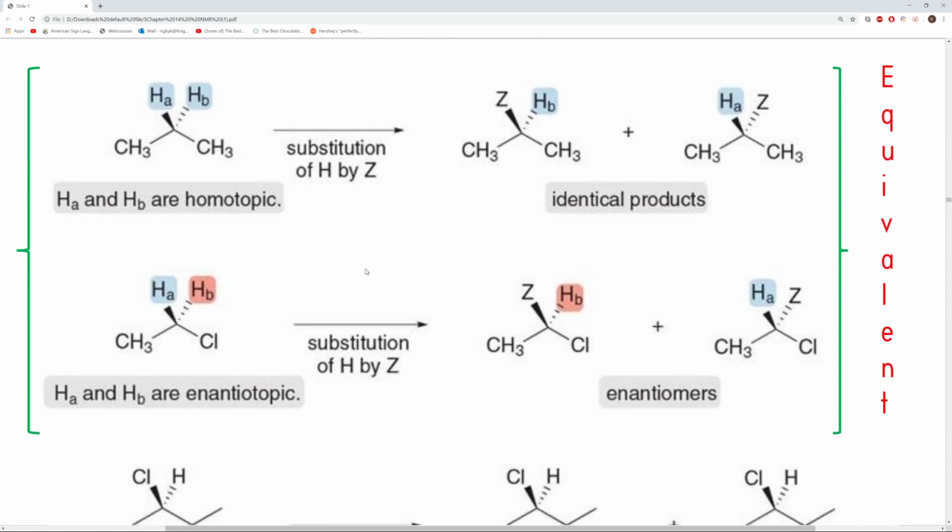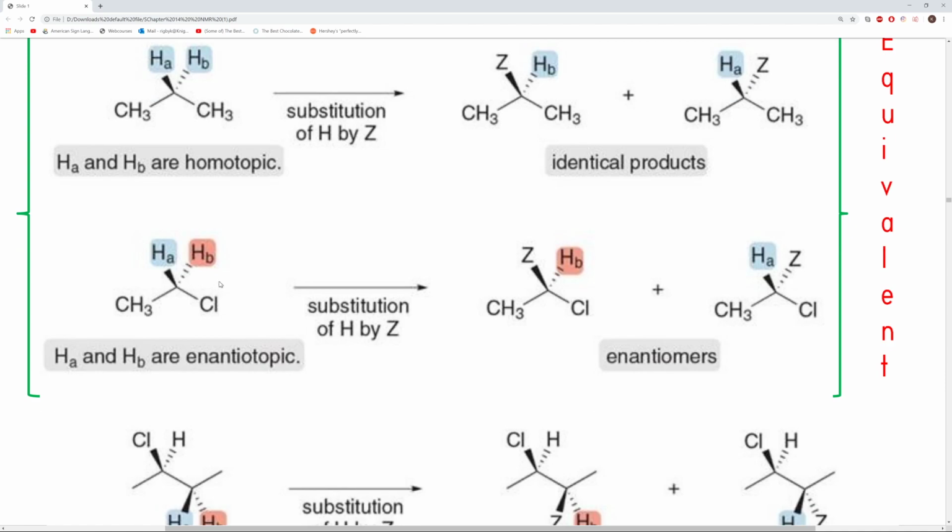If we look at this carbon here, we can tell that if we replace HA or HB with another group, there will be a chiral center. What's important to note is that this is the only chiral center in the molecule. So we're going to get enantiomers. If there is only one chiral center, then you're going to get enantiomers.